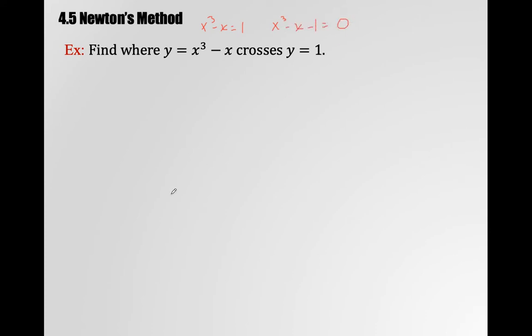Now I can use Newton's method. Right? Newton's method does require that you are looking for x-intercepts, so you do have to be equal to 0. So that's what I did first.